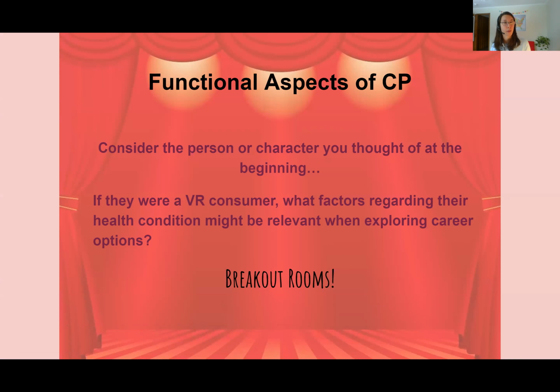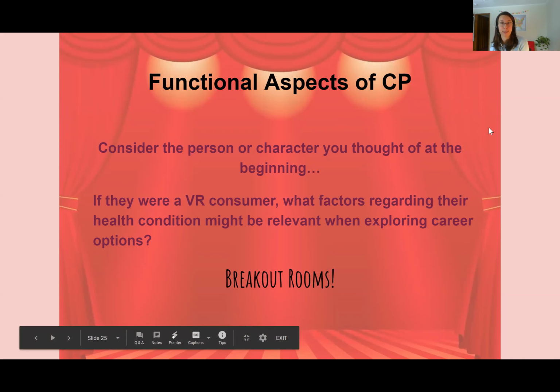You could consider the person that you thought of at the beginning, or anyone else. You could think of me, you could think of a hypothetical, and I'll just open up a discussion question. If that person was a voc rehab consumer, what factors regarding their health condition might be relevant when exploring career options?